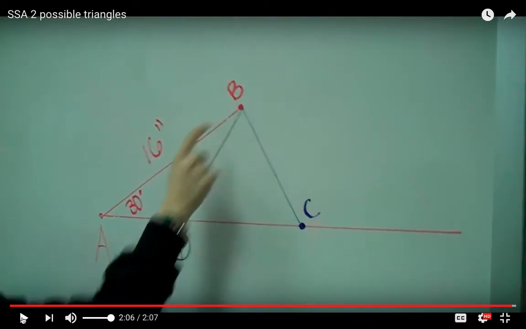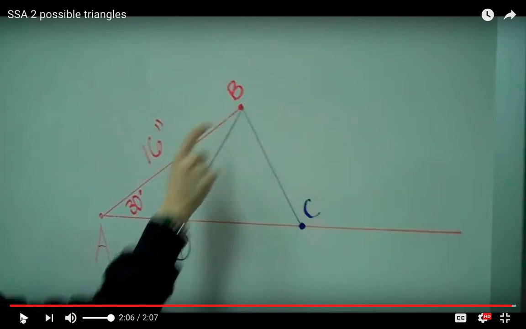And there it is. Okay? First one that we're looking at is the overall one. It has all three pieces of information, right? 10, 16, and 30.